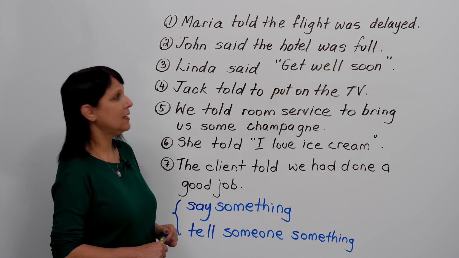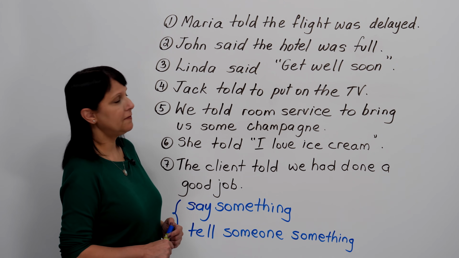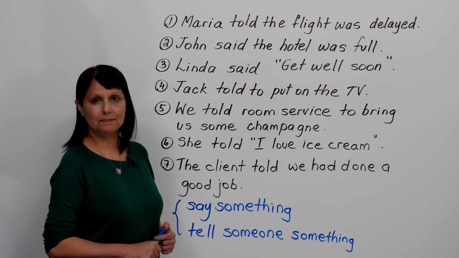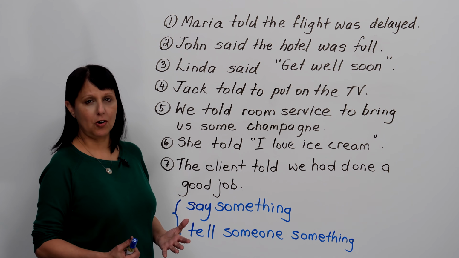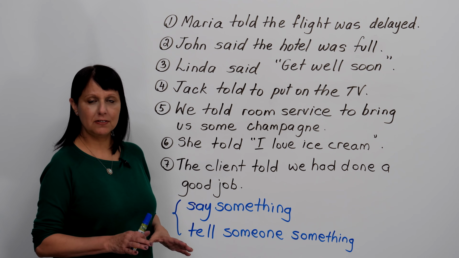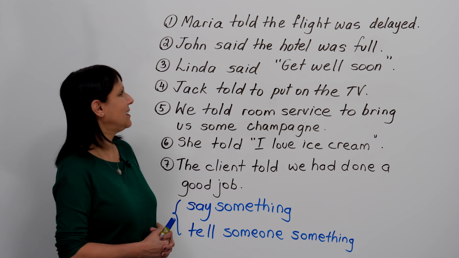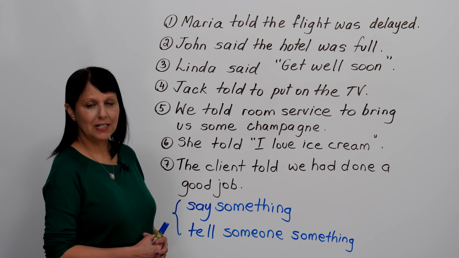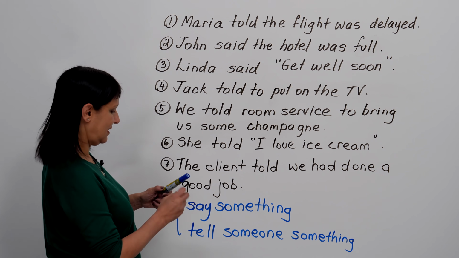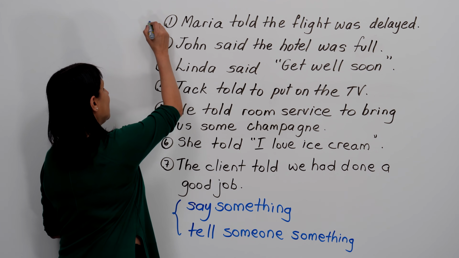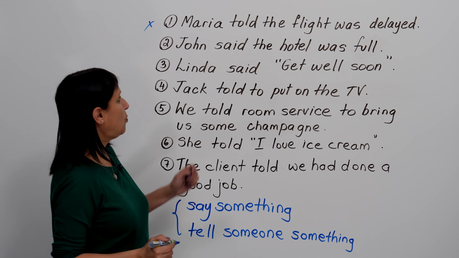Number 1. Maria told the flight was delayed. Is that right or wrong? If you need to pause the video, you can do that. If not, just stay along with me. So this one is actually wrong. Why?